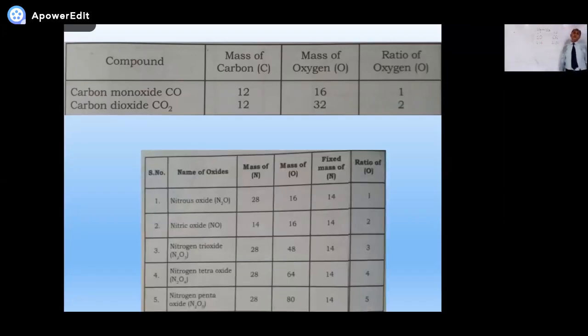Another example from your book: nitrogen and oxygen. When they combine under different conditions, they form different compounds. A series of 5 compounds is included in our syllabus. The first one is N2O.